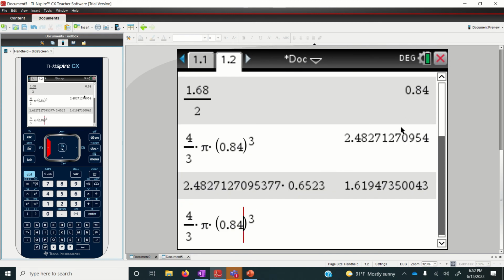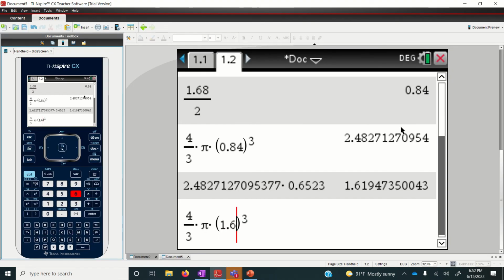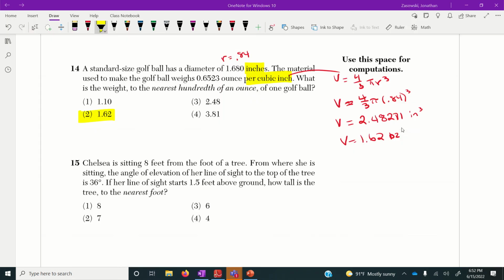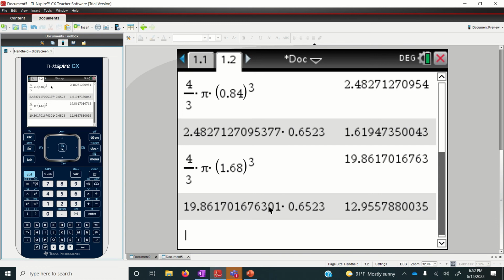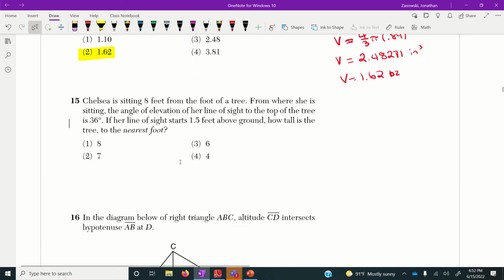It's going to be one of the answers. 1.68 times that same number is 0.6523. Oh, it's not even one of the answers. Crazy. Usually it is. Just be careful. We got lucked out that it's not here. So we would have known that something's wrong when we did something off. Once again, if you get stuck on a question, skip it, go to the next one.